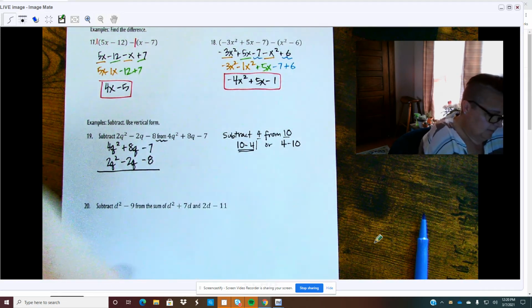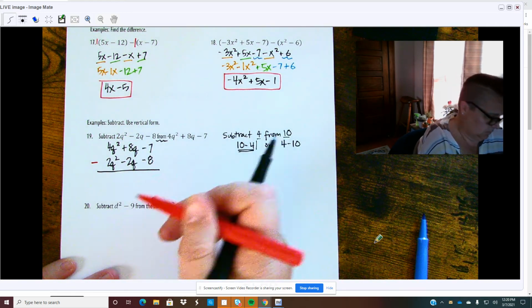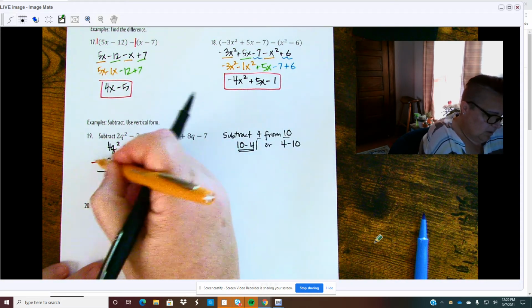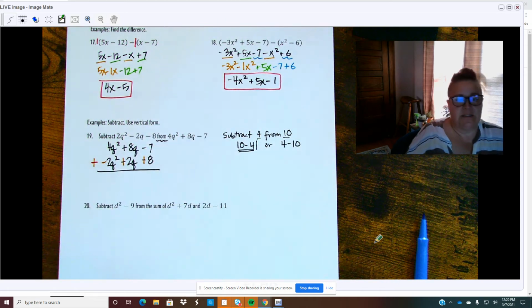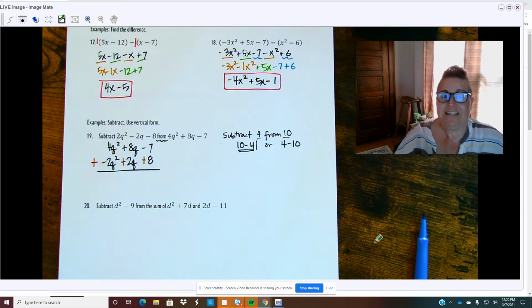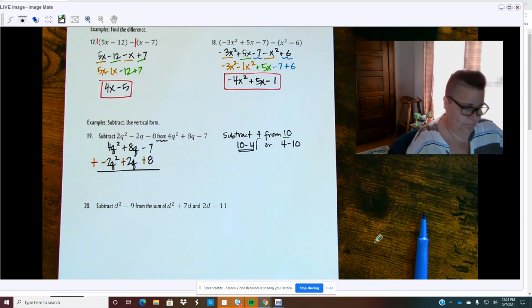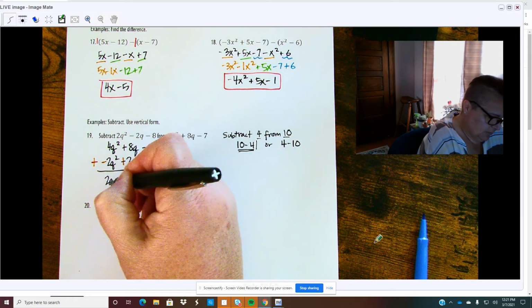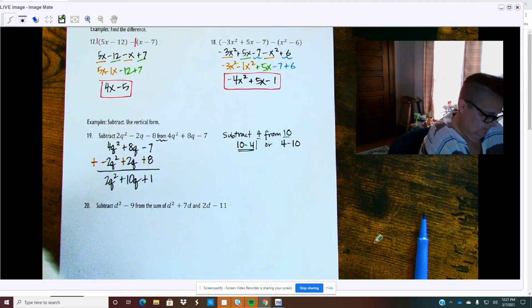But since we are subtracting all of this, all of these signs get changed, and then this becomes addition, right? Because subtracting is adding the opposite. Subtraction is defined as adding the opposite. So now when I add them, I get 2q squared plus 10q plus 1.